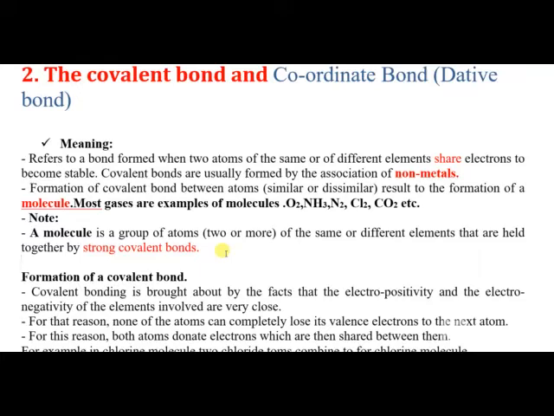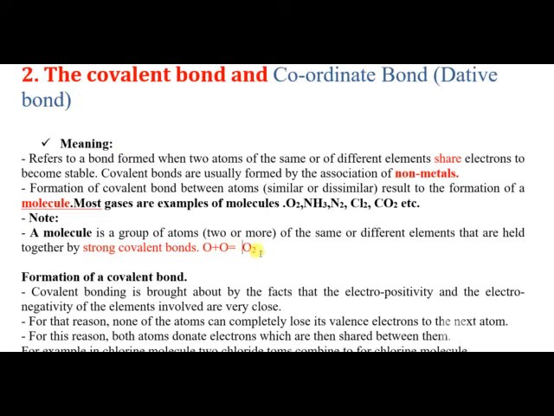When two oxygen atoms combine, they form a molecule. The oxygen you see written in the periodic table like this is an atom. So oxygen plus another oxygen forms what? It forms an oxygen molecule.